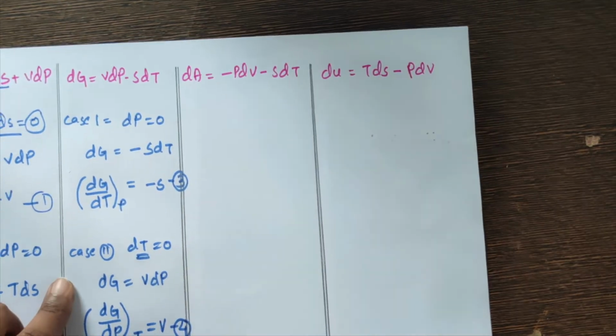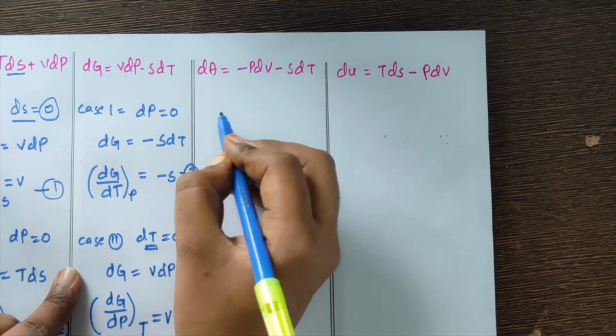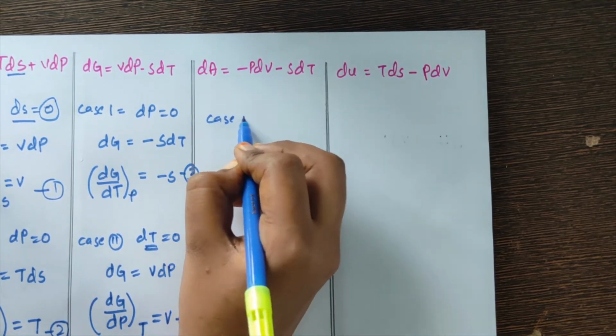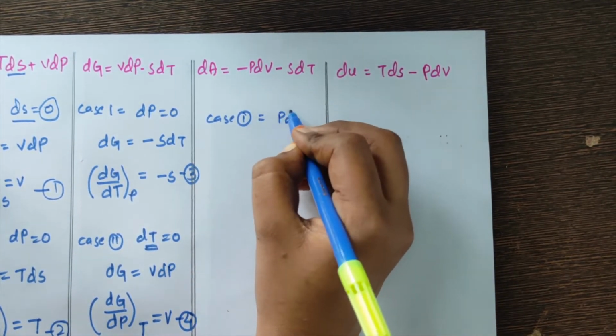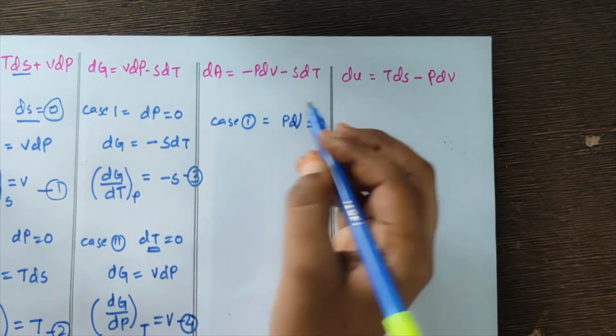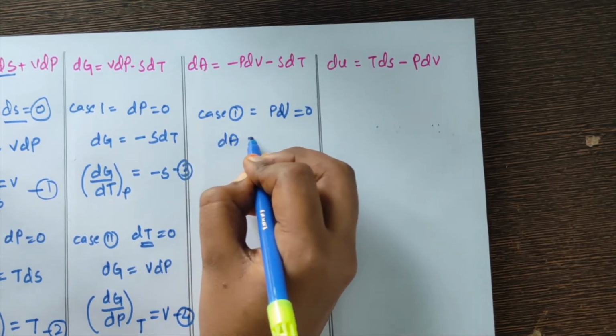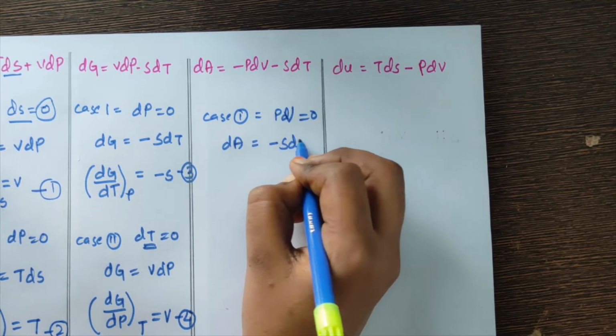Now coming to this Maxwell relation, here in case 1, consider dV equal to 0. Now dA will be equal to minus S dT.